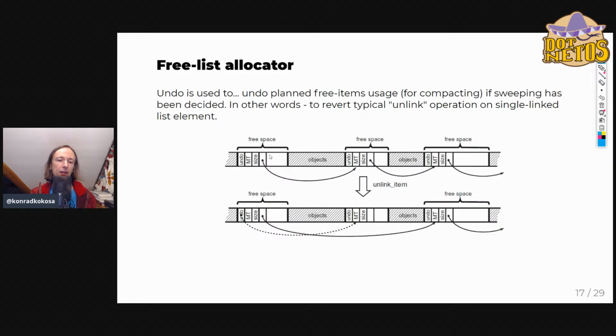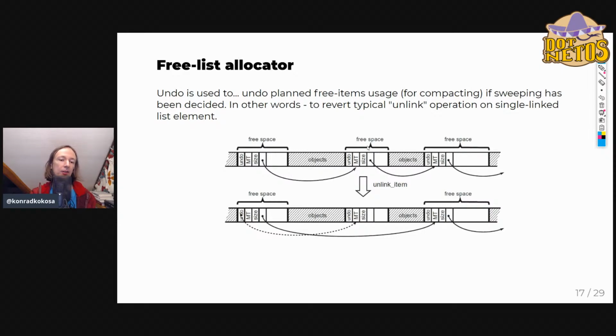Because the plan phase is doing exactly that, it is threading these free space items, and if it is promoting objects between generations, the planning phase may decide to use a particular element of the free space for objects that are promoted from the younger generations.